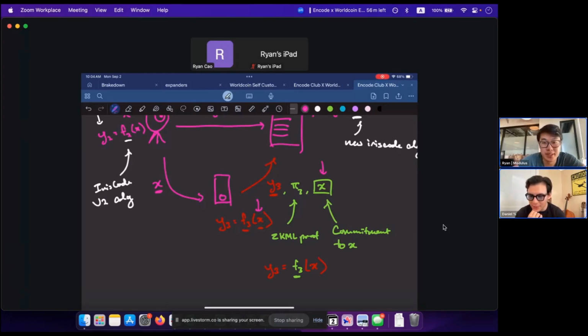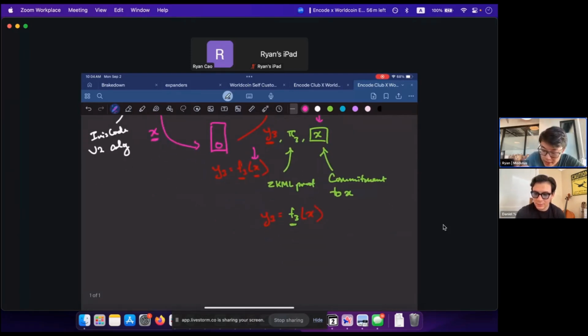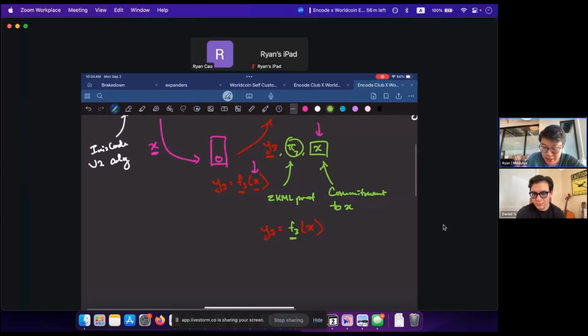Okay. A asks, can you repeat the question? Yes. So currently, with the ZKML proof Pi3, we know that the computation F3 was done correctly. However, we don't know that the input that the user fed, which is this X, is indeed the actual iris image taken by the orb.